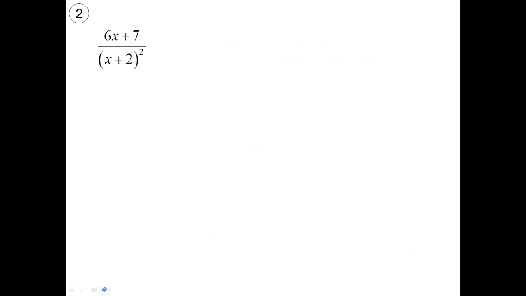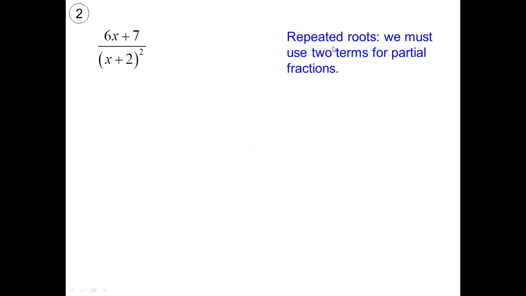Now let's proceed. What about this one? Your denominator is linear, x plus 2, but it's raised to an exponent, so it's already 2. So this is a case of what we call a repeated linear factor, or repeated roots. This one repeated itself twice. So how would you write the equivalent partial fractions of this particular integral?